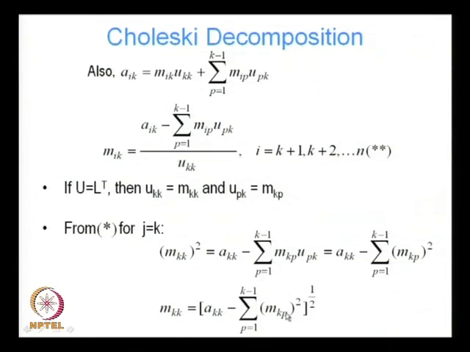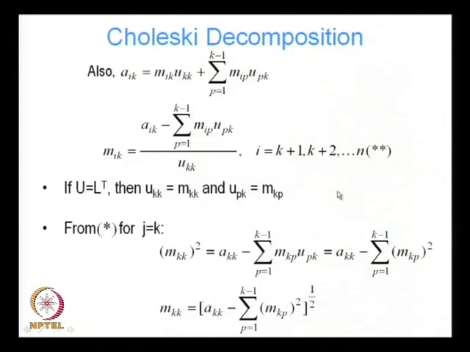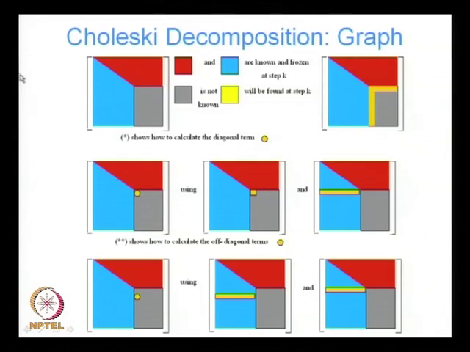These MKP square terms are the terms here, the terms on this row up to k minus 1, so up to the diagonal term. As you can see, the information needed for updating this element is already known, because we already know the final form of these, and this is just the current value of the diagonal. So it uses these two values, this minus this square, to form the diagonal element.